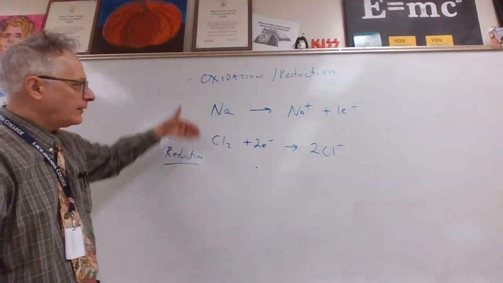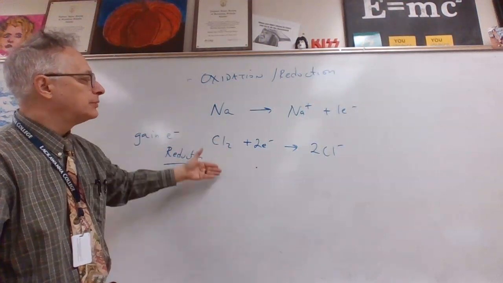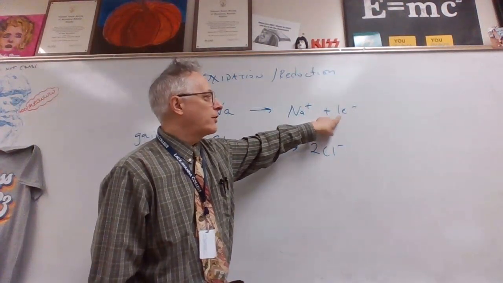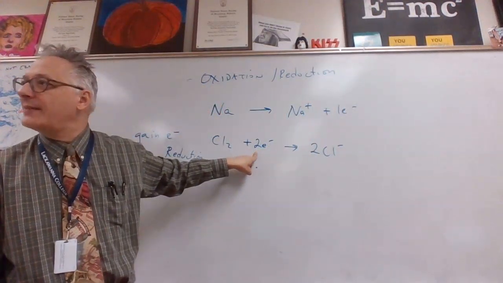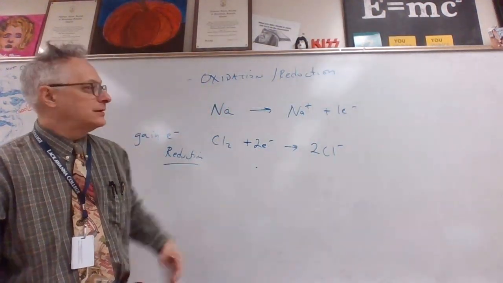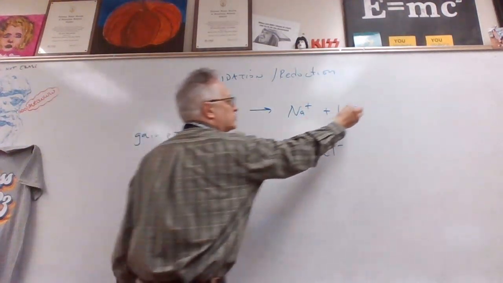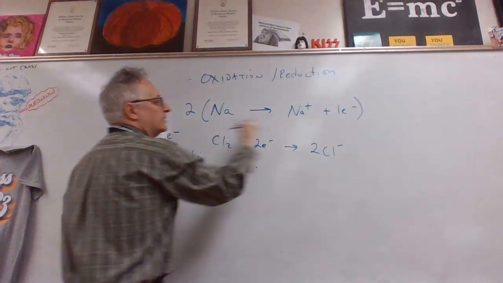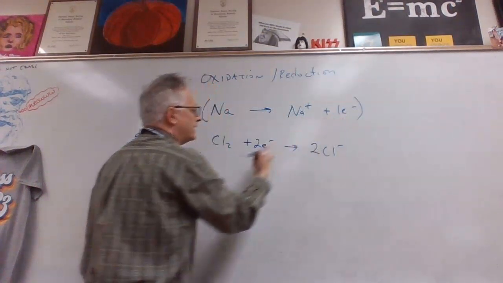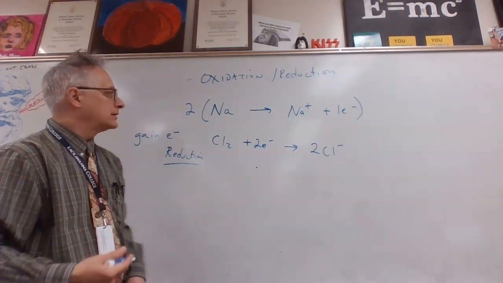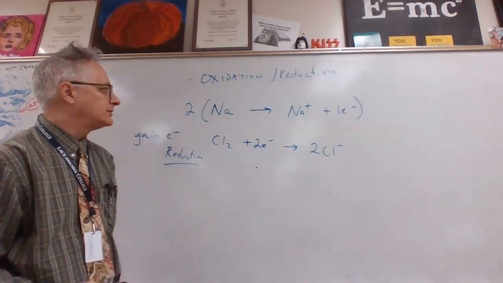Now, if we want to write the complete reaction that's taking place here, we want to make sure that our electrons are the same on both sides of the arrow. So if we want to balance this, we multiply this top equation by 2. That'll give me 2 electrons on the product side and 2 electrons on the reactant side, and we can write the balanced equation.